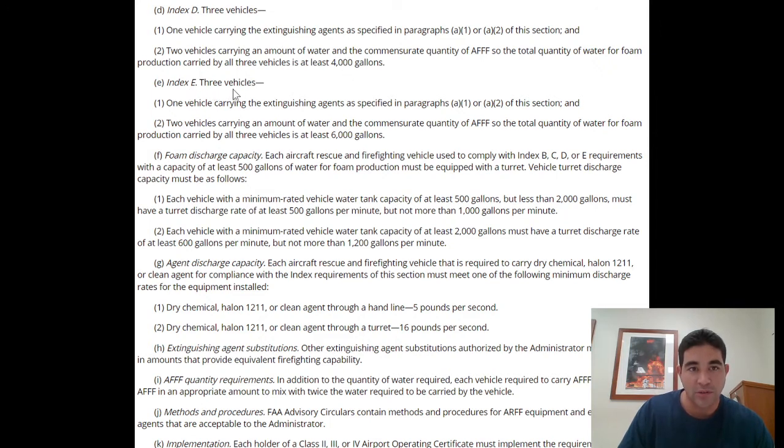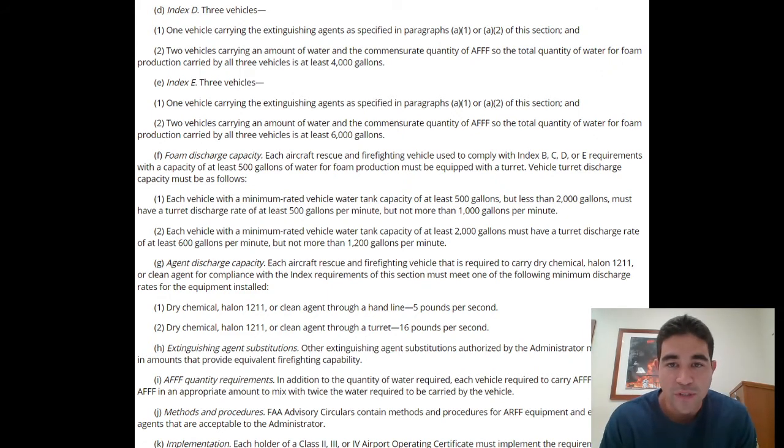Index E, you're going to need three vehicles. Same thing. You need at least one that has your dry chem, preferably all of them, have your 500 sodium base or 450 potassium base, and then two vehicles carrying the commensurate quantity of foam for at least 6,000 gallons. And this commensurate, it's a little confusing wording, commensurate quantity of AFFF. To me, that means that you need to have enough foam.